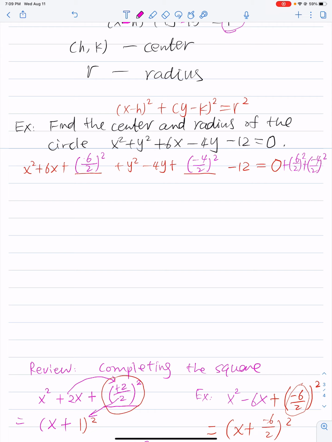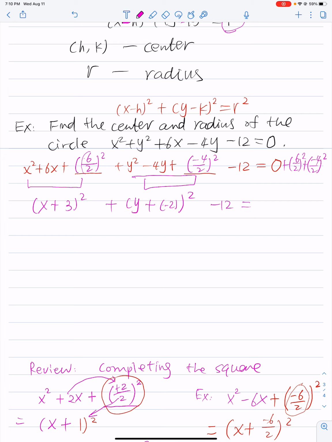So then what will you get for the first three terms? x plus 3 squared, y plus negative 4 over 2, negative 2 squared, minus 12.